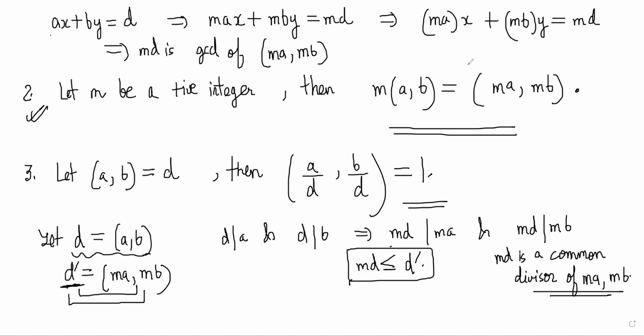So MD must be equal to D dash. Hopefully you understood that we are able to prove that M times the GCD of A and B is equal to the GCD of MA and MB.